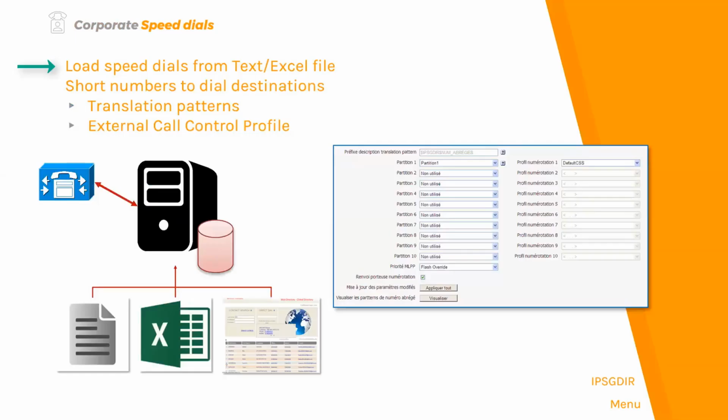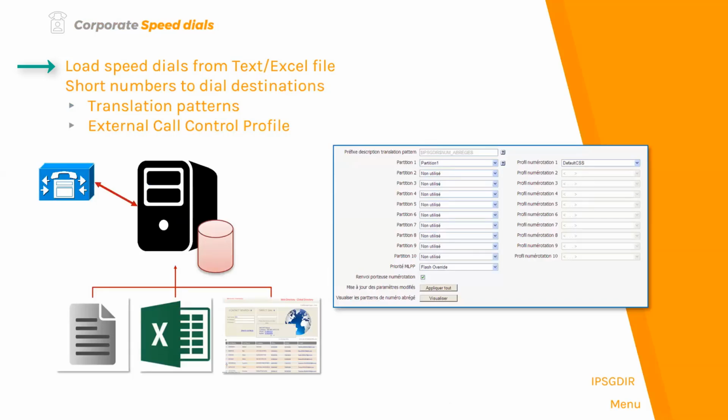We also offer a speed dial section. So rather than manually loading up your speed dials into the Call Manager, with this add-on you can load up a text file or an Excel file with all of your speed dials on there, and then the Telisca server can set up those speed dials and assign them the relevant translation pattern and also the external call control profile.